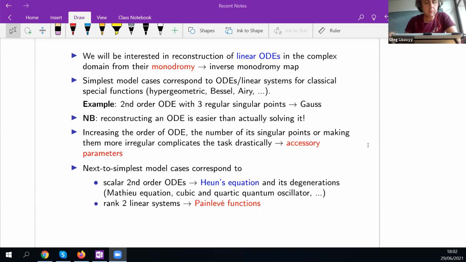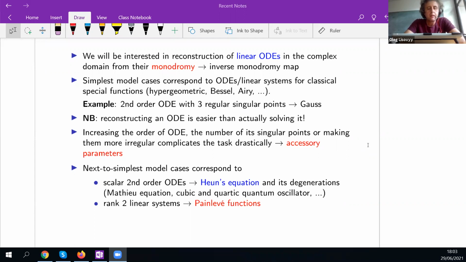Well, first some general comments to begin. This talk will be very elementary. Perhaps it has something to do with the WKB part of the conference, but I will not really be talking about WKB.